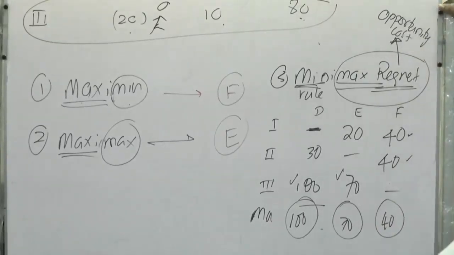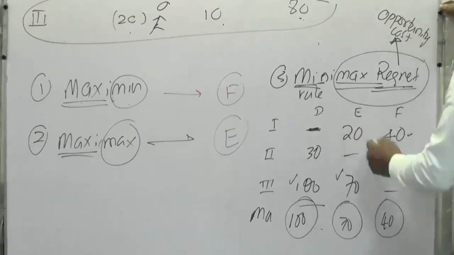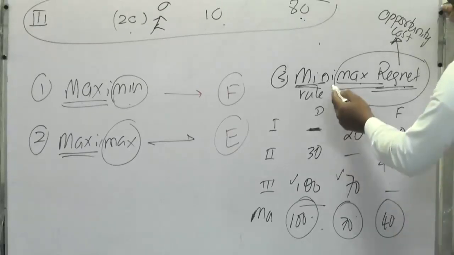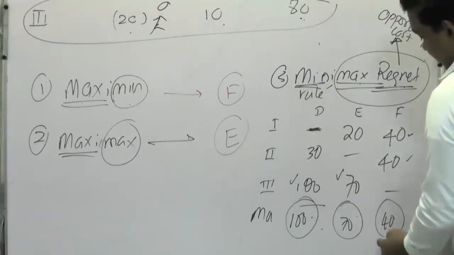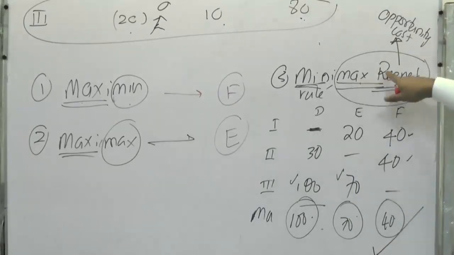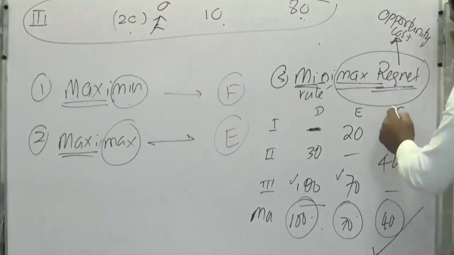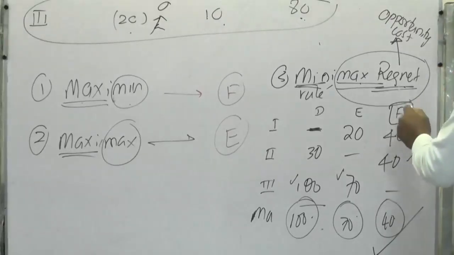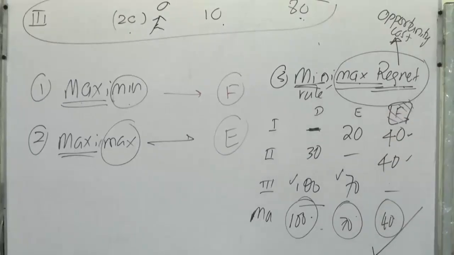Now you have calculated regret and found the maximum regret of each project, then you will select the minimum out of these 3. Therefore, according to the minimax regret rule, you have to select project F. I think you got the idea, right? You have to select project F.